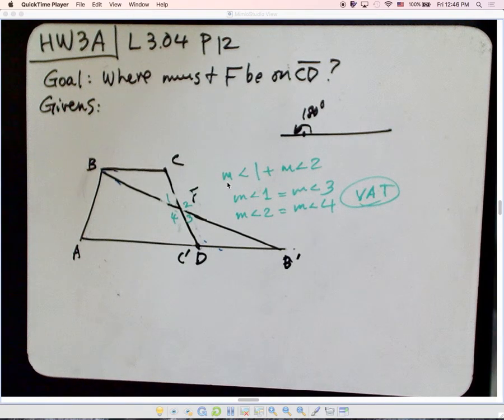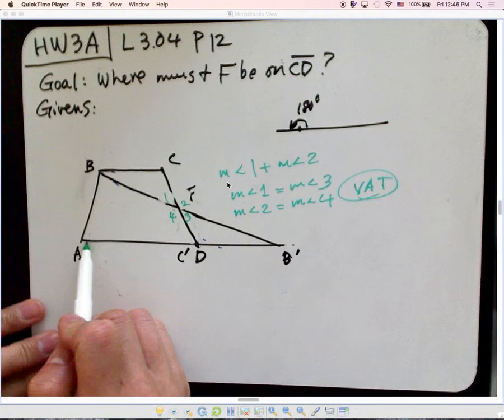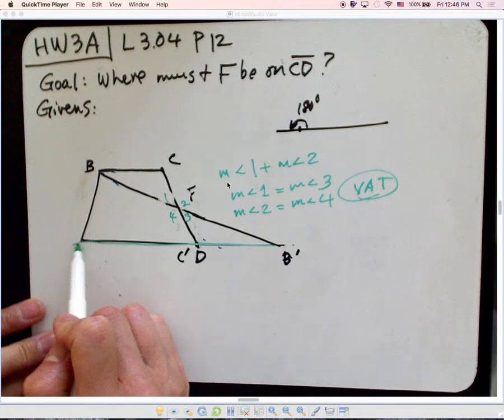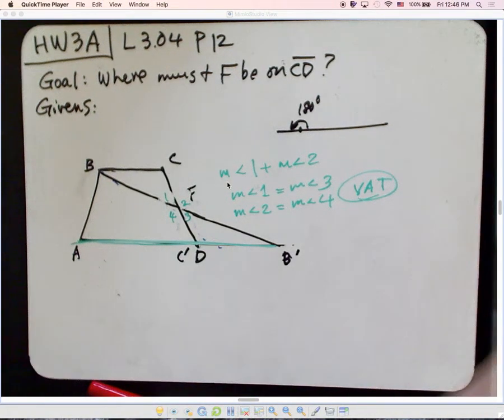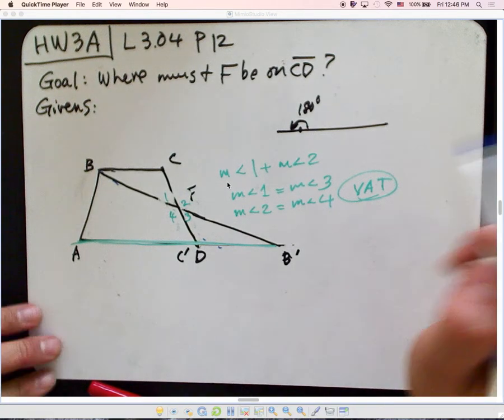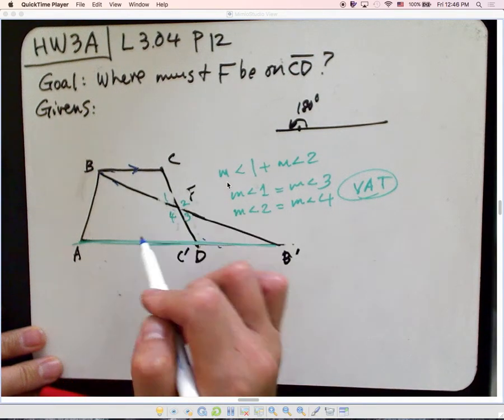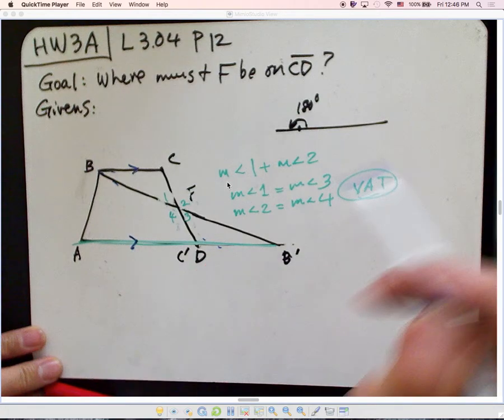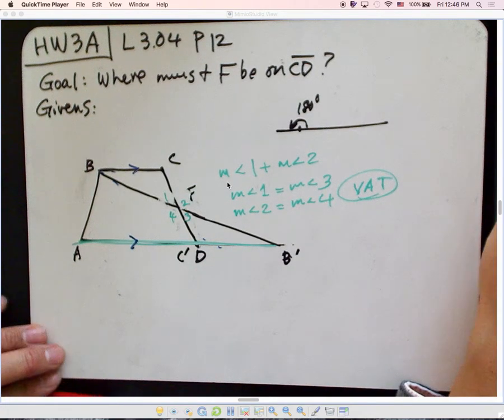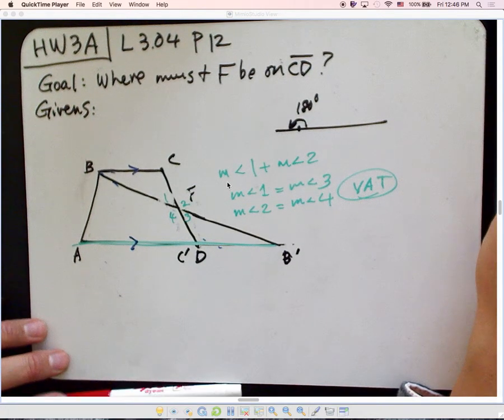Part C says, will the edge from A to B prime be straight? So it's pretty much the same question, but here, this line. How do you know these are straight lines, right? So I want you to think about the parallel PAI theorem. We know that this is a trapezoid, therefore we know that BC and AD are parallel.